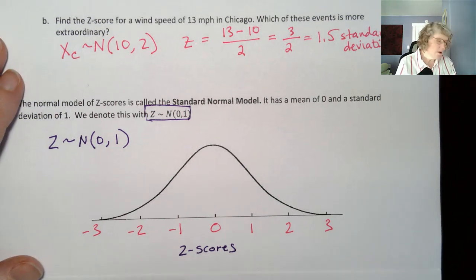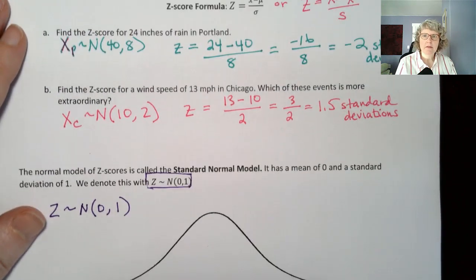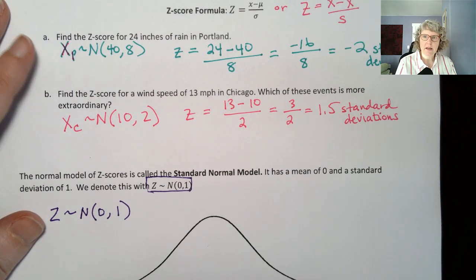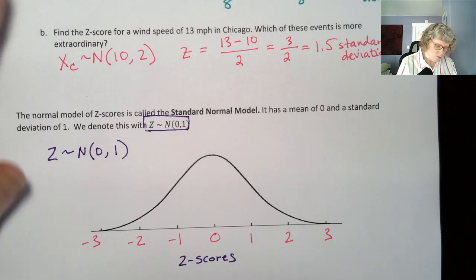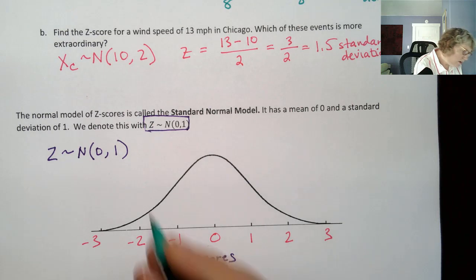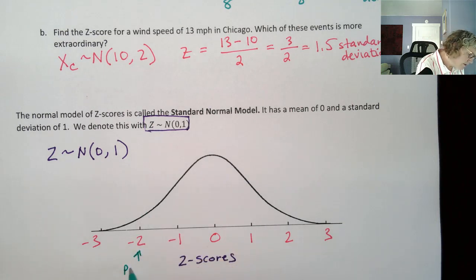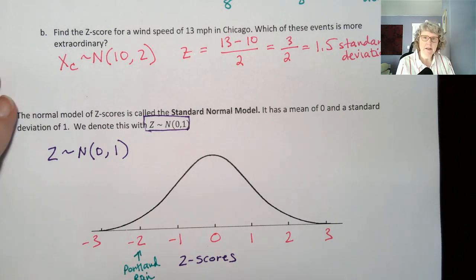Okay, so let's go ahead and mark. Let me back up for a second. Portland is -2, so that's 2 standard deviations below the mean. That's where the Portland rain was, or lack of rain.